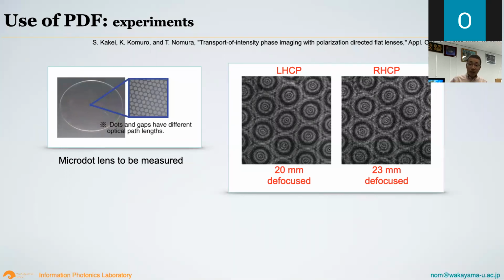In this case, we use left-hand circular polarization. The right one is using right-hand circular polarization. Due to some constraint of the optical system, we cannot obtain an in-focus image. Both are defocus images, but we can retrieve phase information from two different out-of-focus images.